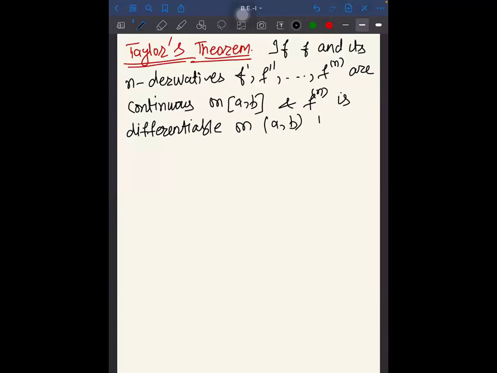Then there exists a point c in (a, b) such that this thing will happen.